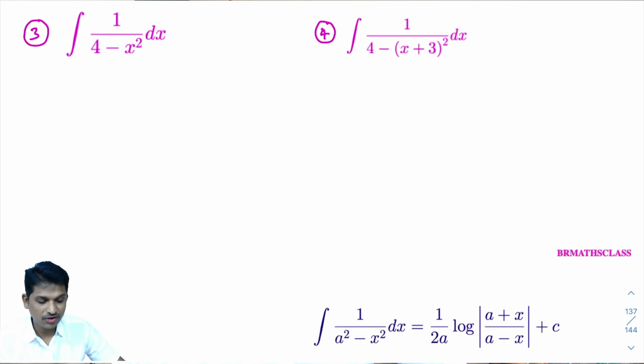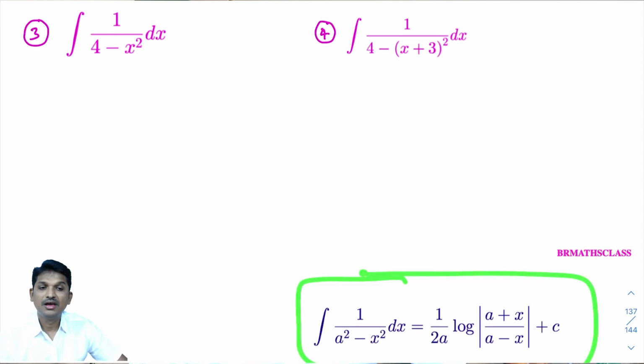Its answer starts with 1 by 2a like the last problem. Log mod. Here a square minus x square is there, so here a plus x divided by a minus x plus c. Spend some time on this. Integral of 1 divided by a square minus x square dx is 1 by 2a into log mod a plus x divided by a minus x plus c.